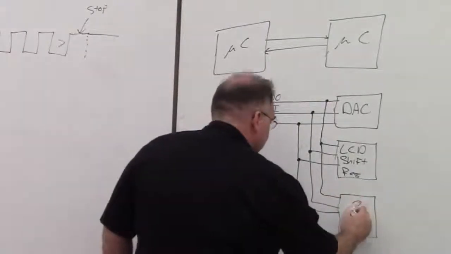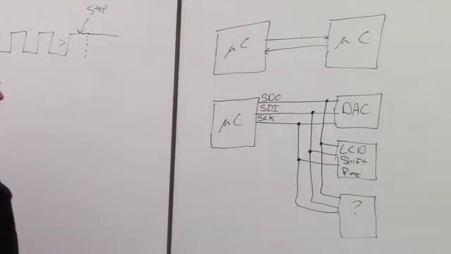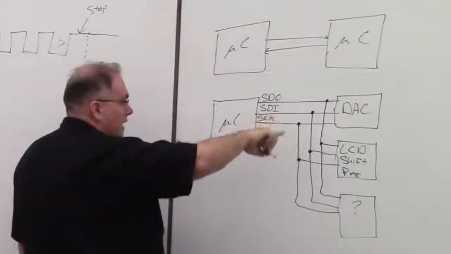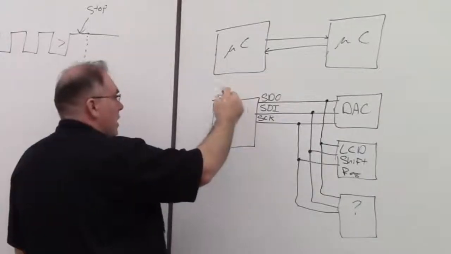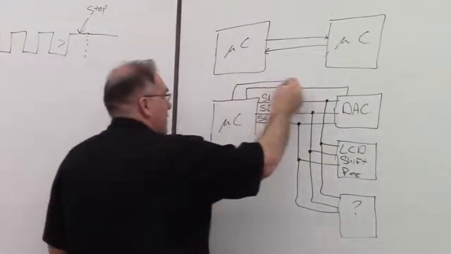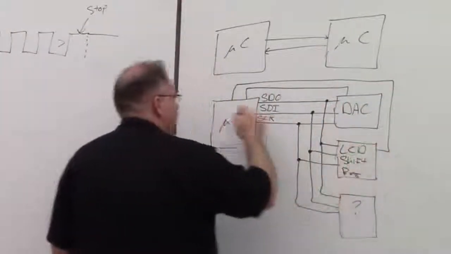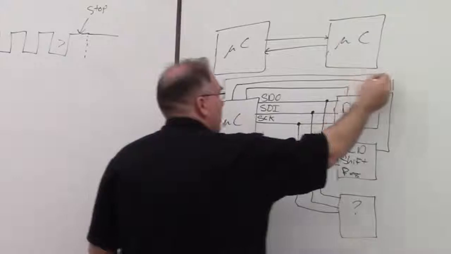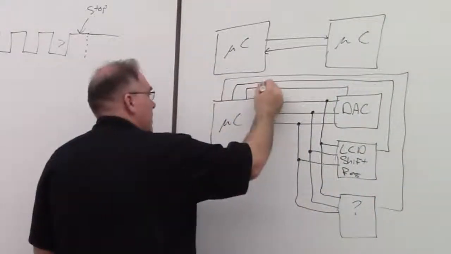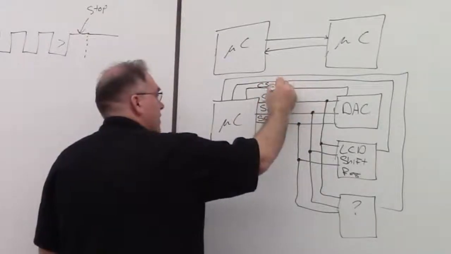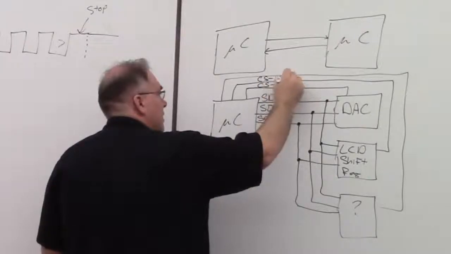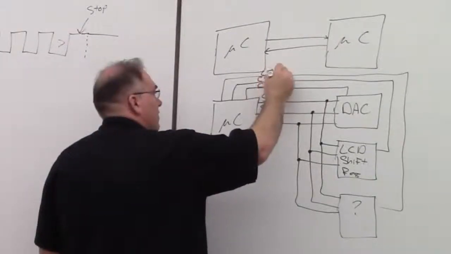And so this is some other device. It doesn't matter what it is. And then in order to select which device we want to talk to, there's going to be one line dedicated for each device that will be our chip select. The chip select for the DAC, this is the chip select for the LCD, and chip select for whatever device.